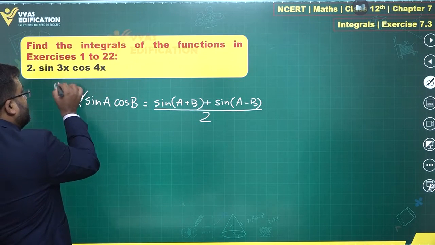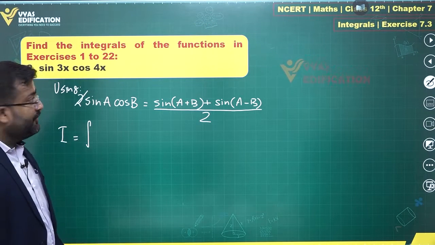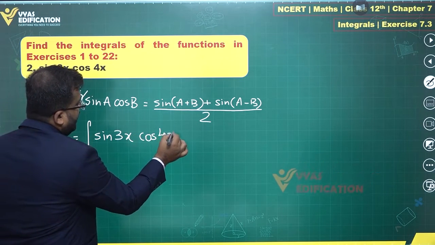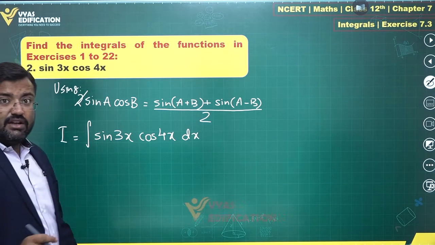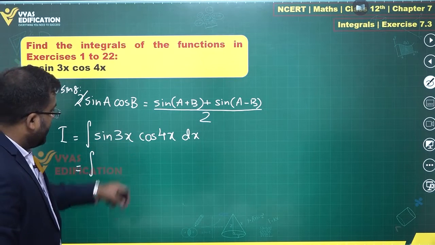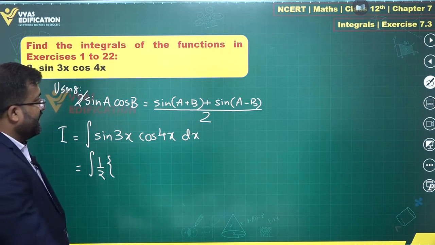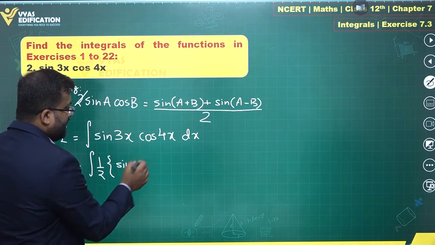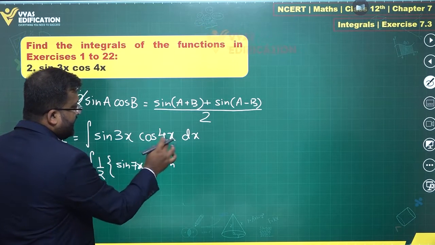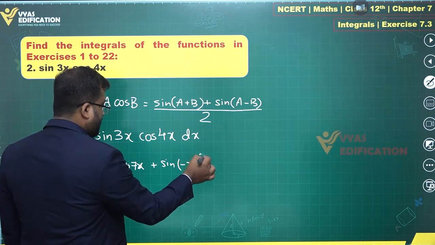So using this result, I, which is equal to the integral of sin 3x cos 4x dx, simplifies further to a half, along with sine of A plus B, which is 7x, plus sine of A minus B, which is 3x minus 4x, which is minus x, dx.